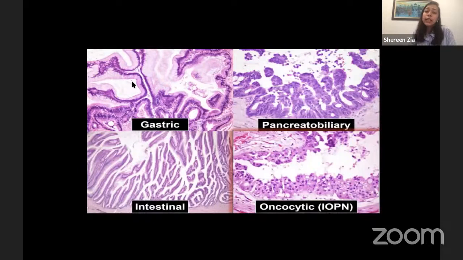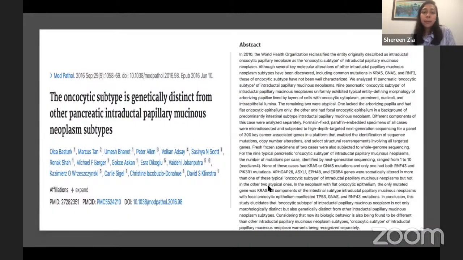So previously, IPMN was considered to be of four epithelial types: gastric, pancreatobiliary, intestinal, and oncocytic. But I'm showing you this paper, and with further categorization, they found distinct genetic alterations in oncocytic type IPMN. So now it's considered a separate entity, and they do not show GNAS, RNF43, or especially KRAS mutations, which are more associated with usual IPMN.